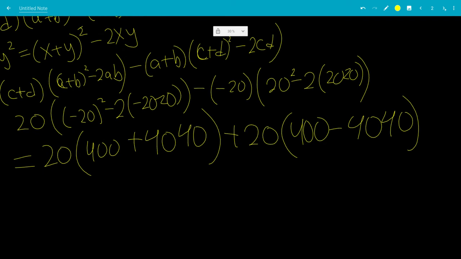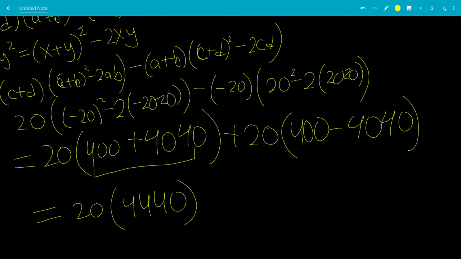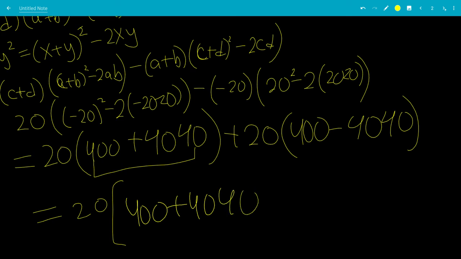So now, simplification, I mean, you could just do this. Actually, let's factor out 20 first, because that probably will make things a lot easier. Okay, 400 plus 4,040 plus 400 minus 4,040.